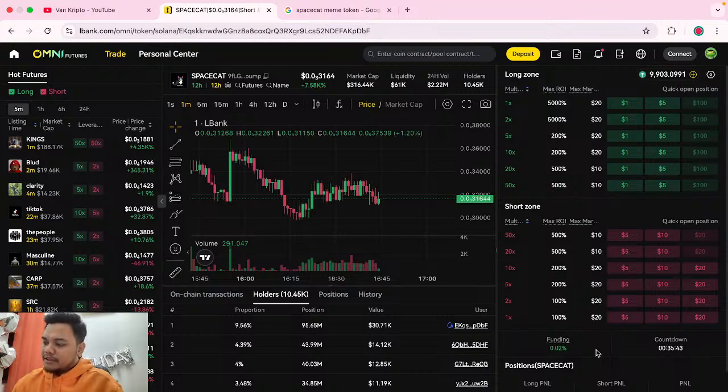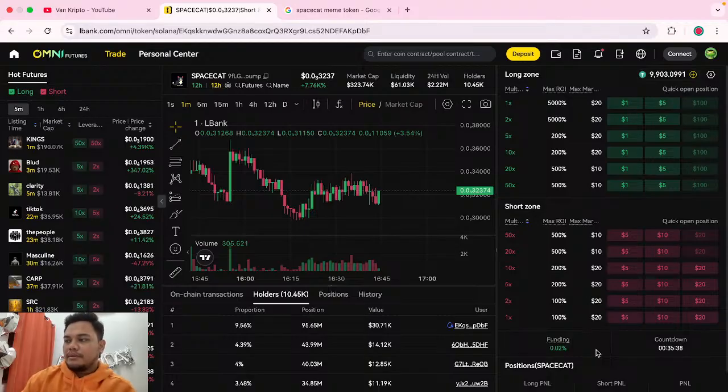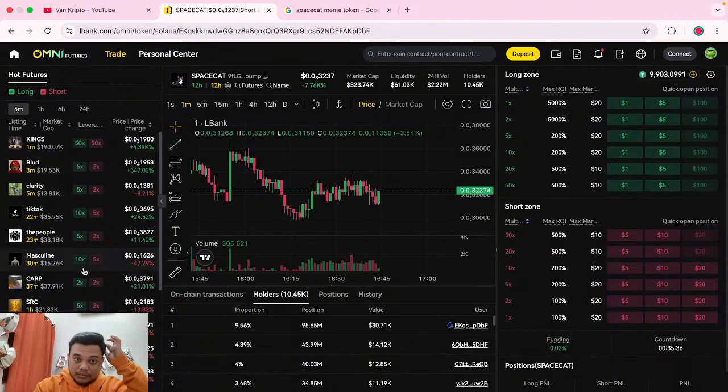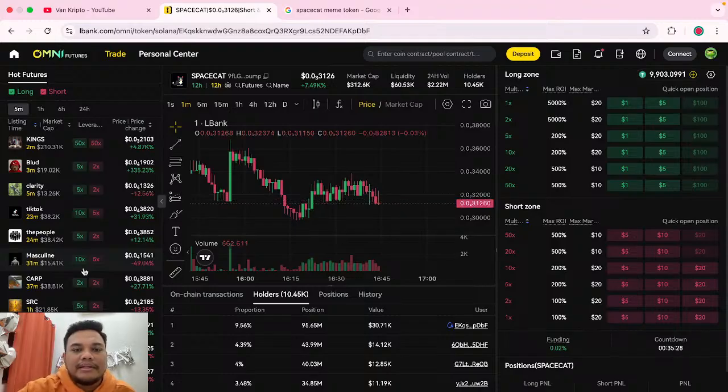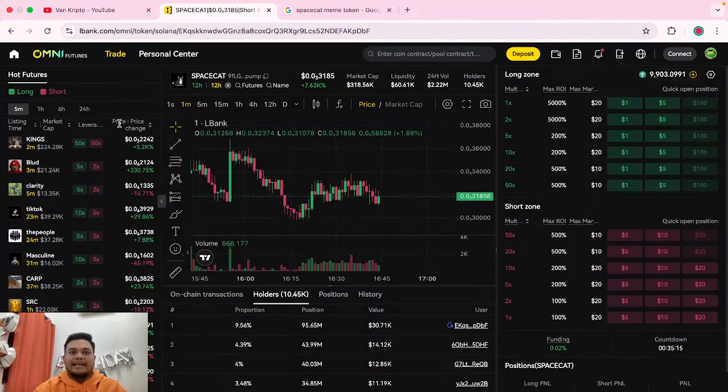Okay, I'm going to explain this to you guys. I think this one is a bit important for everyone to know. Every time a token migrates from Pump.fun, from the internal platform, to this Omni futures, there will be a buffer between them to get it listed here, right?